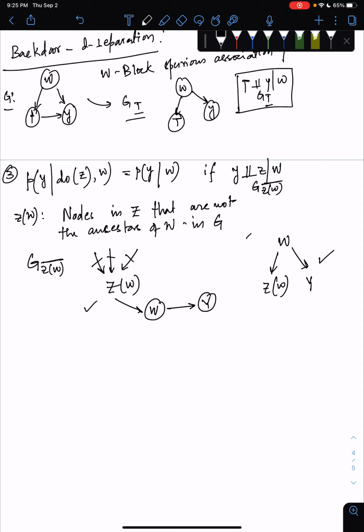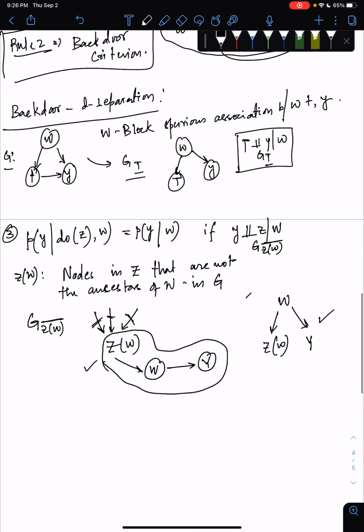Now we are actually in a graph G of Z upper bar. This upper bar means that we have to remove all the edges that are coming to Z, so we have to remove this edge. In this particular graph, we see that the conditional independence relationship holds.